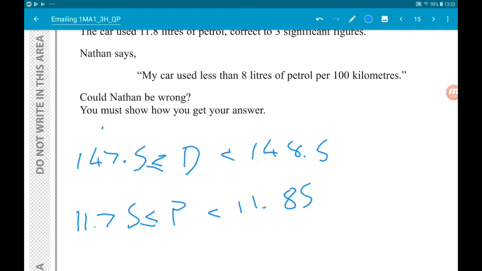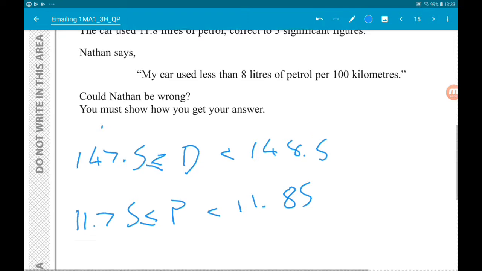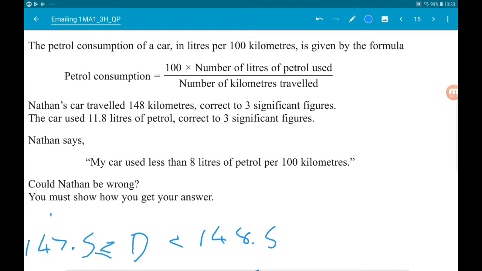So, if we look at the formula, up on top we have 100 times the number of litres of petrol used. On the bottom we have the number of kilometres travelled.